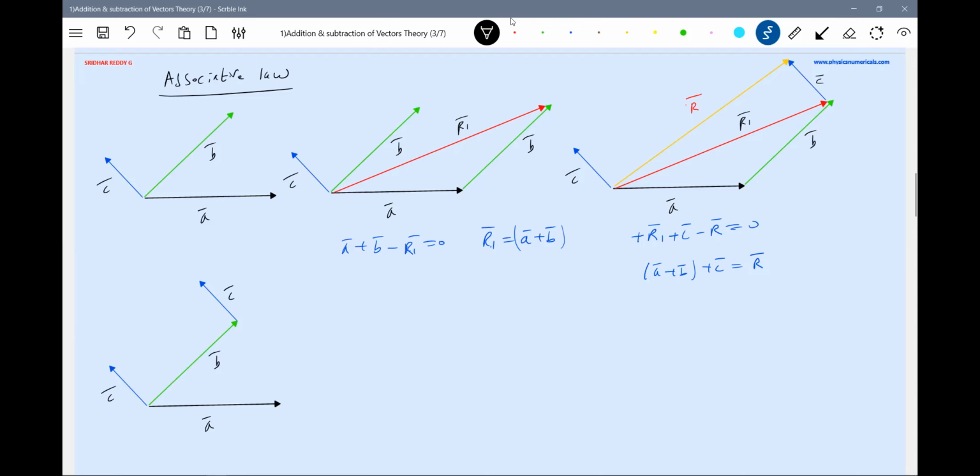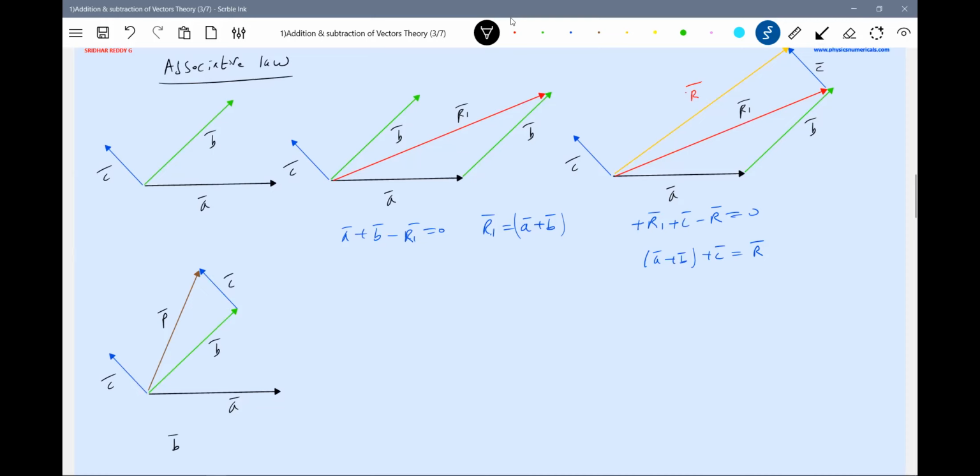Is it equal to, don't write R1 bar. It is some other value. So I'll call this as P bar. Let me take it some other color. So this is what you can call it as some P bar. So what is P bar equal to? P bar equal to B bar plus B bar plus C bar minus P bar equal to 0. So therefore P bar equal to B bar plus C bar.